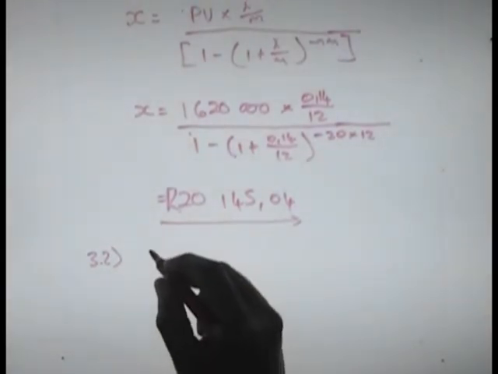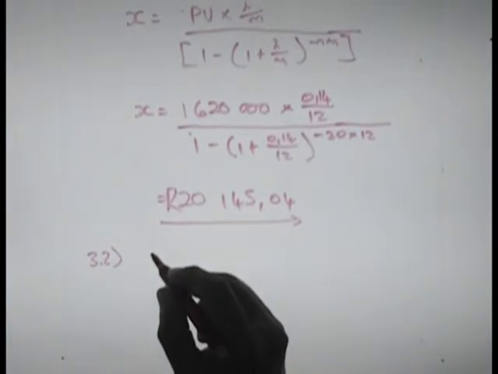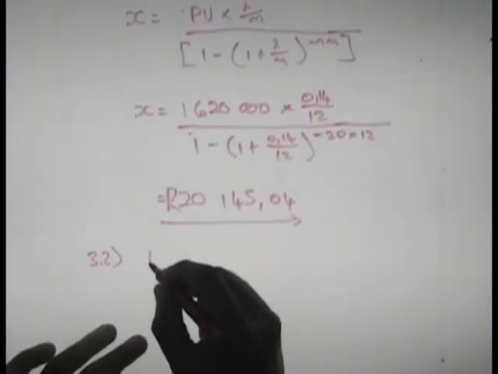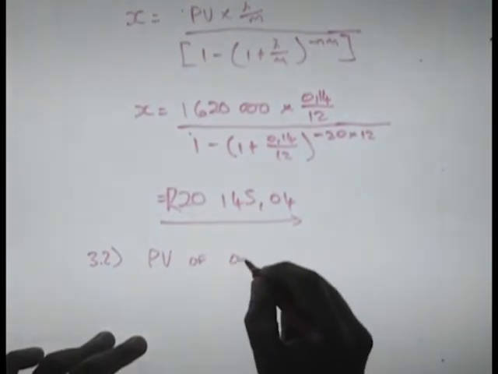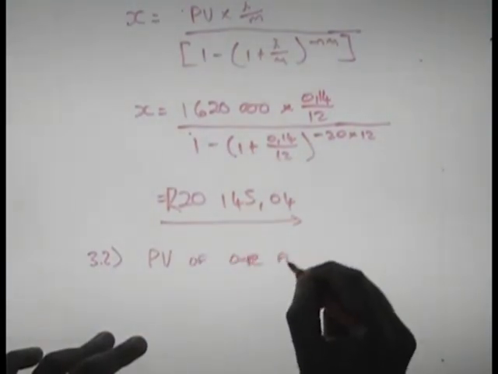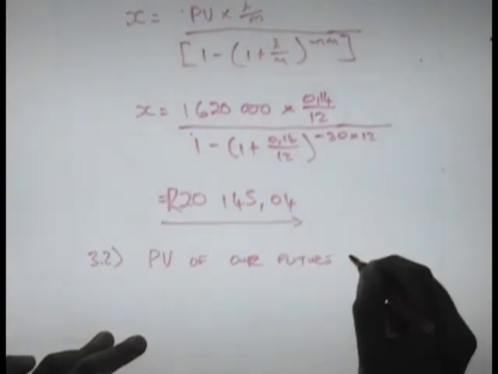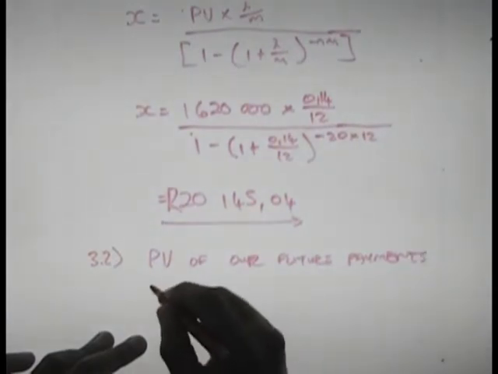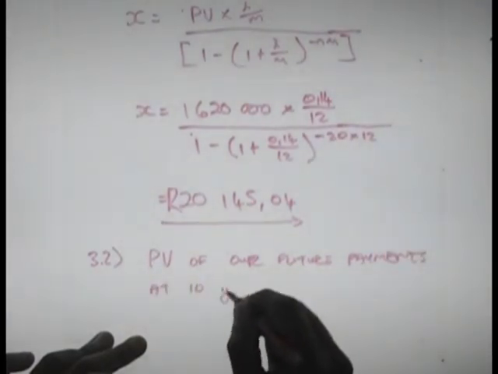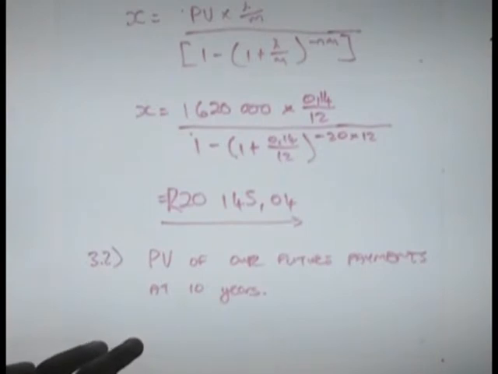We are basically asking for the present value of our future payments at 10 years. We are saying at 10 years, what is our loan? What are we still owing? What is it going to be worth?